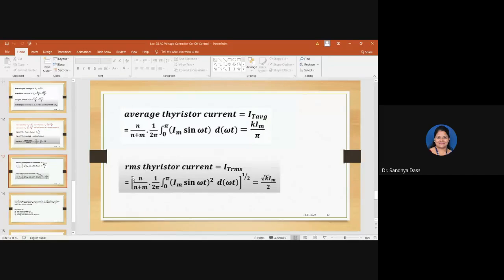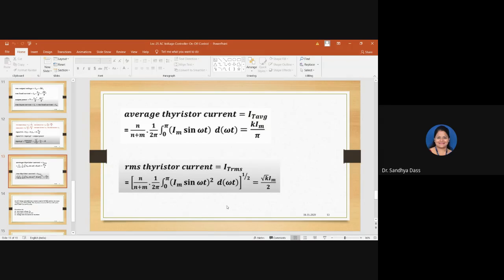The whole term is under the square root, n by n plus m into 1 by 2 pi, with limits again 0 to pi, Im sine omega t square d omega t. If you apply the limits and integrate, you will get root K Im by 2. You can just check it. It is similar to the expression we had previously for V naught RMS.